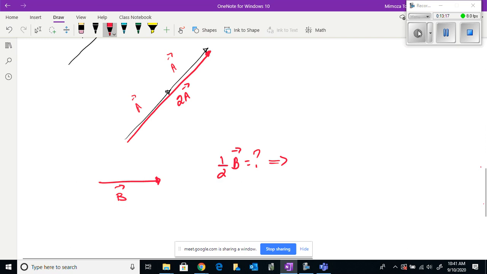So again, we have the same direction, but half of the magnitude. Half, because we have this coefficient here. If it was 1/4, then it is 1/4 of the magnitude.